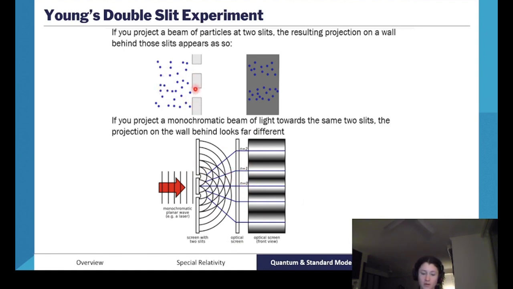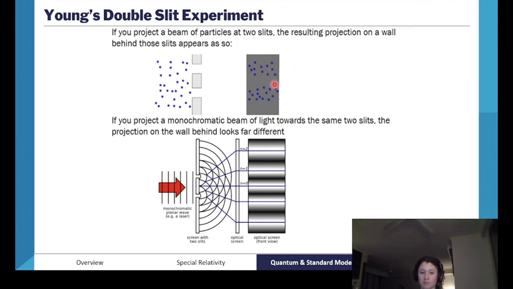So, if light behaved as a particle, what we would expect is these two big blobs of particles behind the slit. It would kind of be like shooting a paintball gun through two big slits, right? You're not going to see paintball splatters over here or over here.